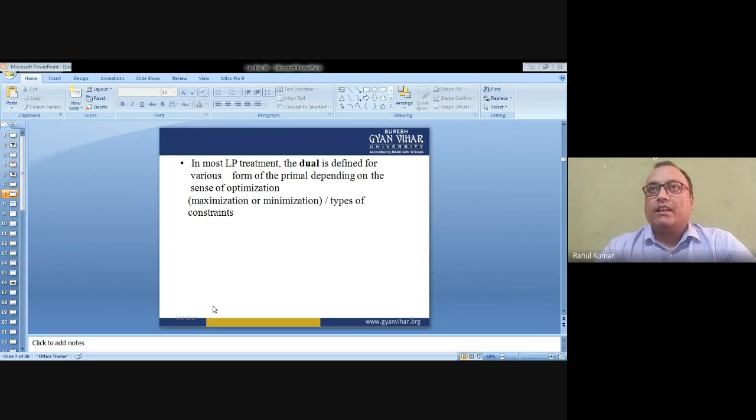Sensitive means labor. Suppose in this problem or in this example, labor is a very sensitive element, because all things depend on the labor in your factory. If your workers and labor are satisfied, then all things will come in a positive manner.